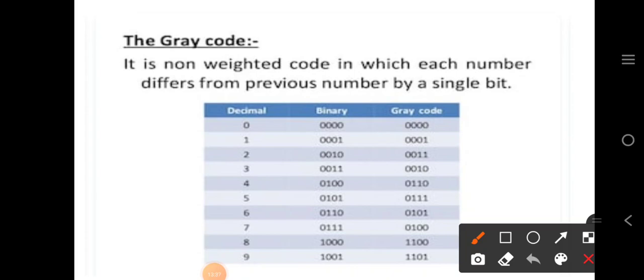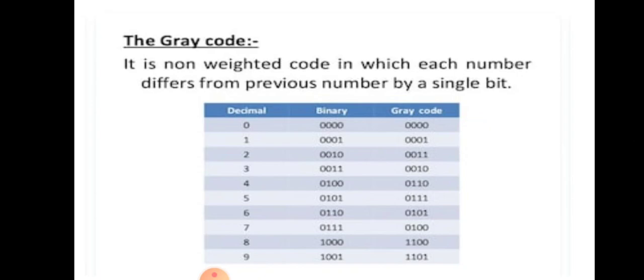Binary code is the basic table we can write, but in gray code you can see the difference between binary and gray code. Comparing first and second, 0000 and 0001, here only one bit is changed, the last bit from 0 to 1, so the bit difference is only 1.